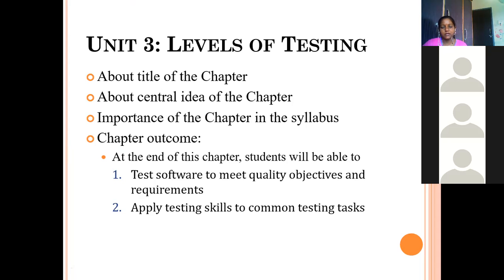As already discussed in the syllabus: unit, module, integration, and in that way, different levels of testing we are going to study. So this is the meaning of the unit here: different levels, and also what we are going to do on these levels. Those levels we are going to study in this particular chapter.